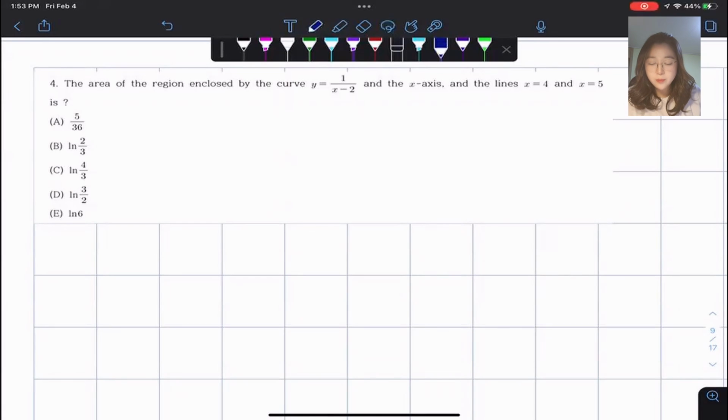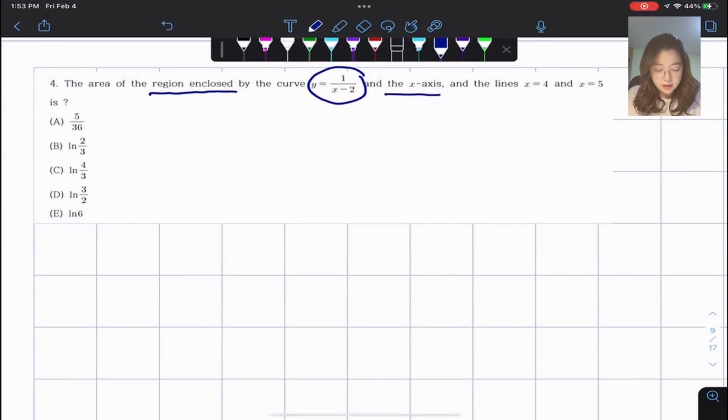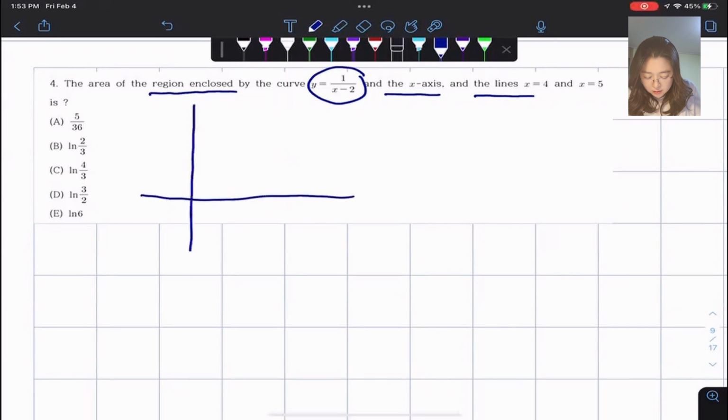Okay, look at problem number 4. The area of the region enclosed by the curve y equals 1 over (x minus 2), the x-axis, and the lines x equals 4 and x equals 5 is. Let me draw this graph. This graph is like this.